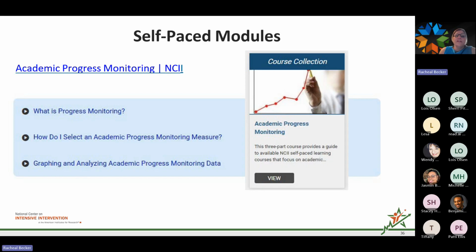And then this is another great resource. NCII has access to the academic progress monitoring self-paced modules. So if you really want to deep dive into this, or you still have questions, definitely check out their resources, because they're just great and pretty user-friendly.